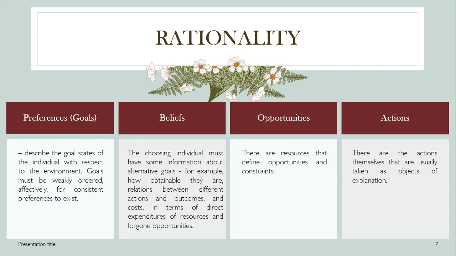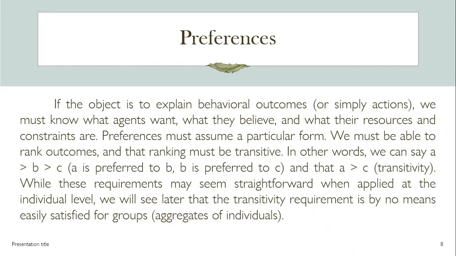Under beliefs, the choosing individual must have some information about alternative goals, for example, how obtainable they are, relations between different actions and outcomes, and costs in terms of direct expenditures of resources and foregone opportunities. Third, opportunities: there are resources that define opportunities and constraints. And for the last one, actions: the actions themselves are usually taken as objects of explanation.